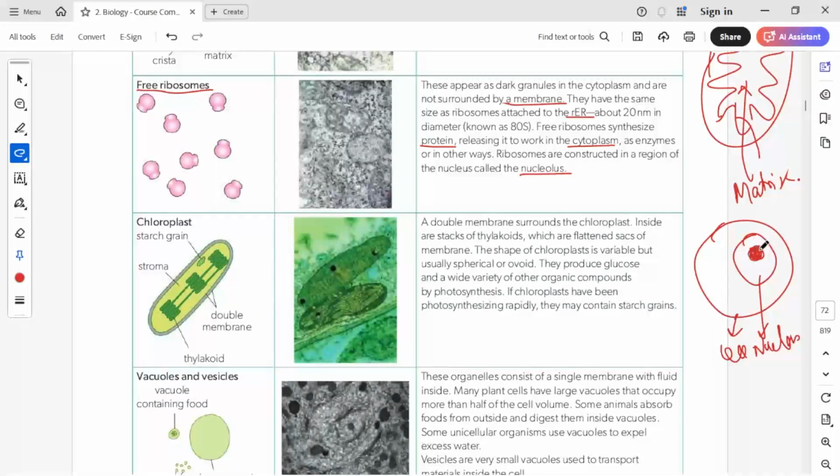Inside the nucleus, this dense part is called the nucleolus. And what is the function of the nucleolus? The nucleolus will have a lot of RNA and proteins, and that will form these ribosomes. So the formation of ribosomes actually takes place inside the nucleus, in the nucleolus.